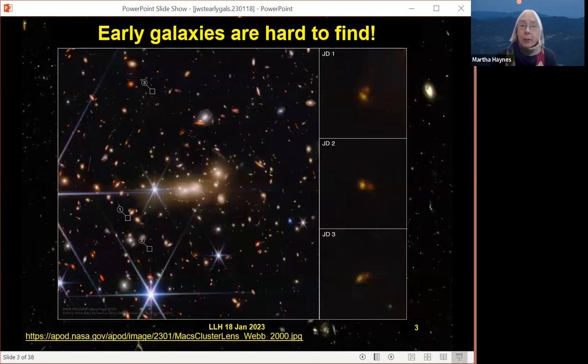Here's a picture, which has just been released in the last week or two, where you have an image from JWST covering a large area, which we will talk about. In that image, there are a couple of little cutouts, where on the right-hand side you see the images: this is box number 1, this is box number 2, and this is what's in box number 3.